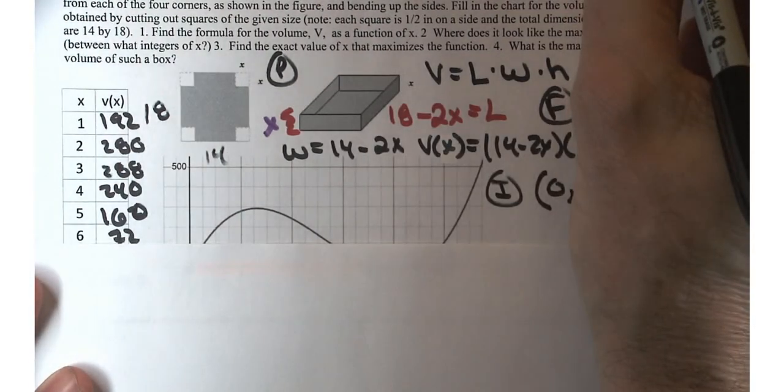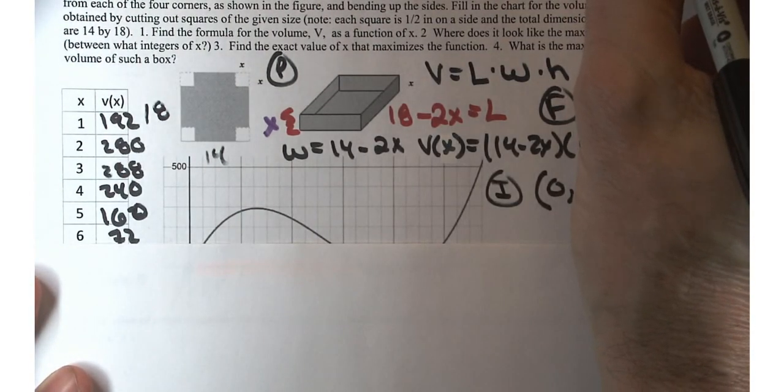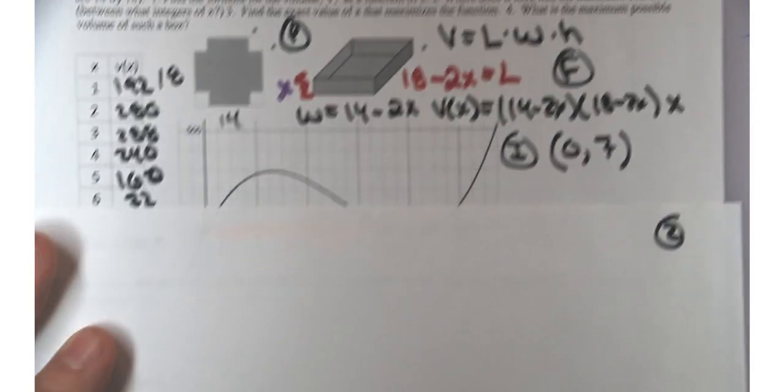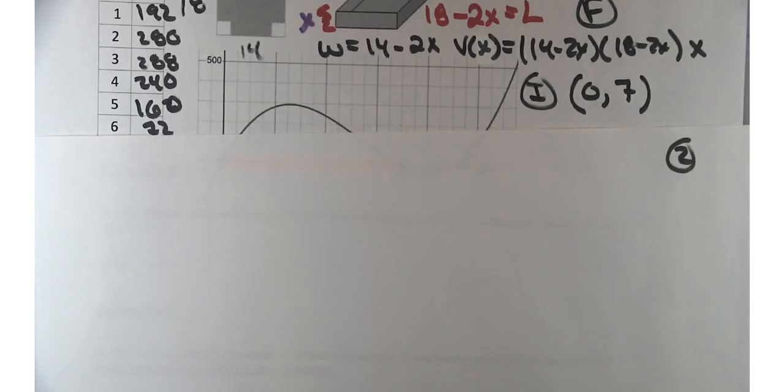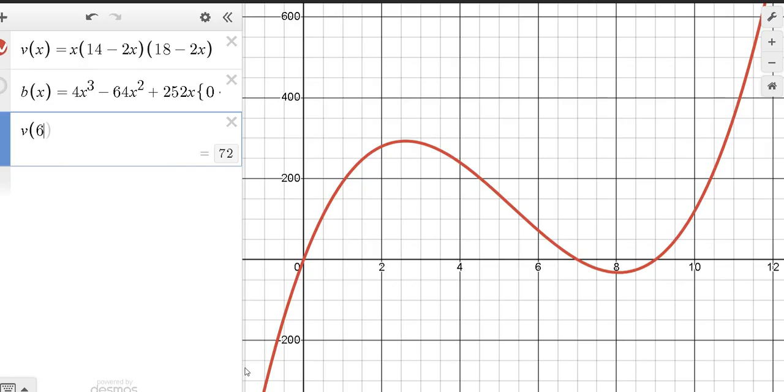Let's see. Now, to be helpful, let me share with you that if you multiply v of x, then you can expand that into a different form where it's going to be a little bit easier to differentiate.